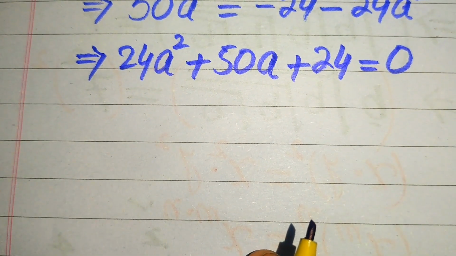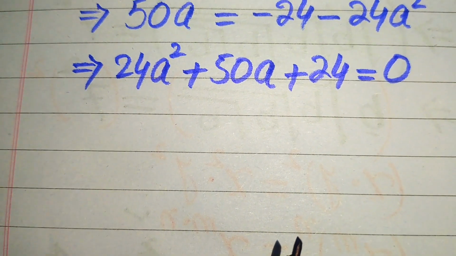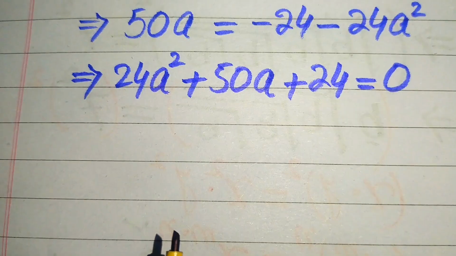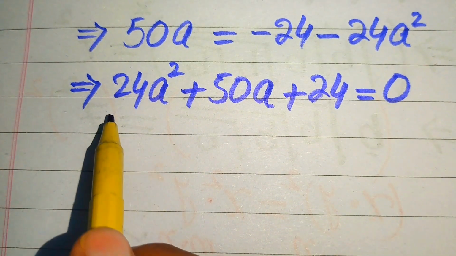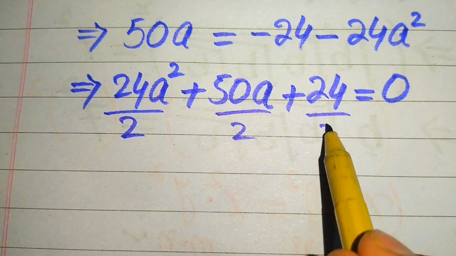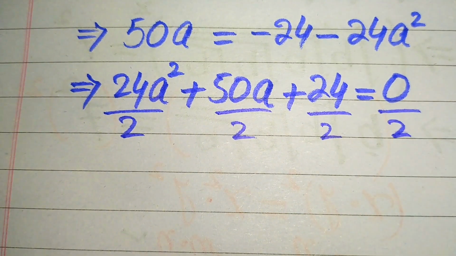Now, in the next step we need more simplification. You see that each of these terms is divisible by 2, so we divide each of these terms separately by 2 on both sides.